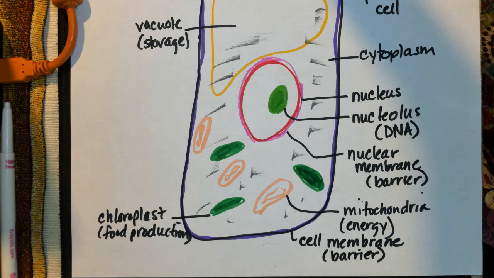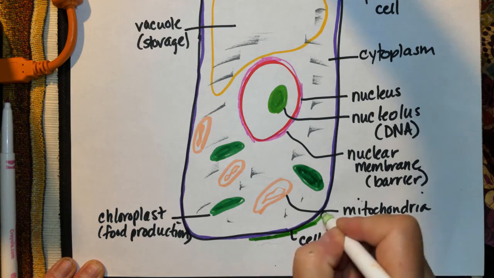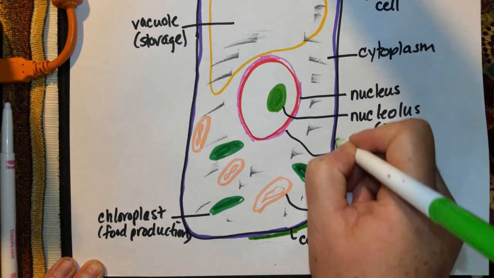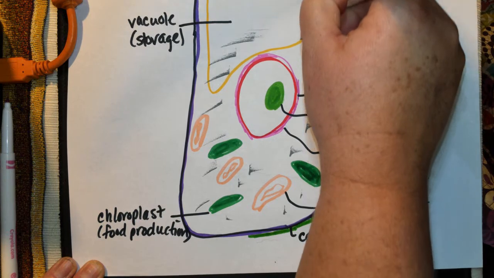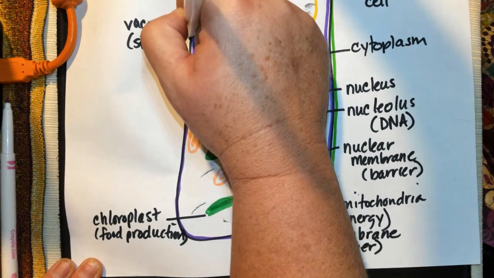And the second thing that plants have that animal cells do not is something called a cell wall. This cell wall offers another layer of protection as well as structure. So I'm going to draw my cell wall. I'm going to keep it green because it's unique to plants. And it is on the outside of the cell membrane.